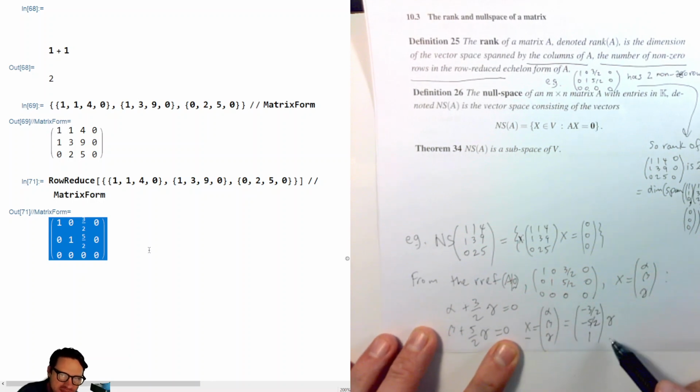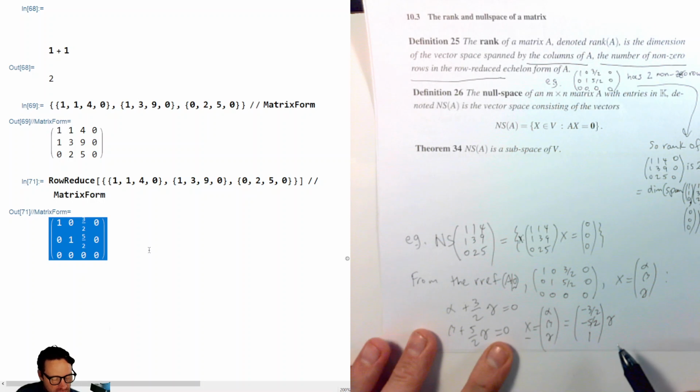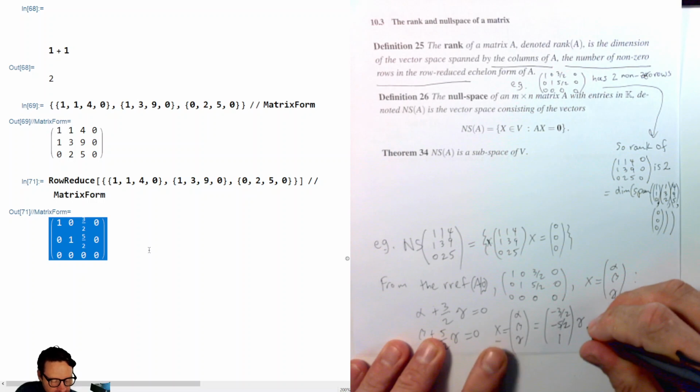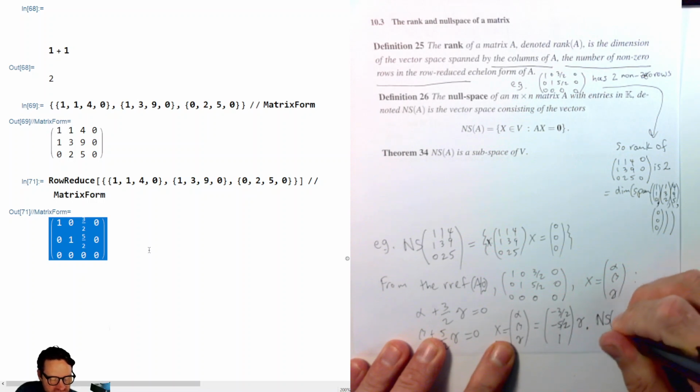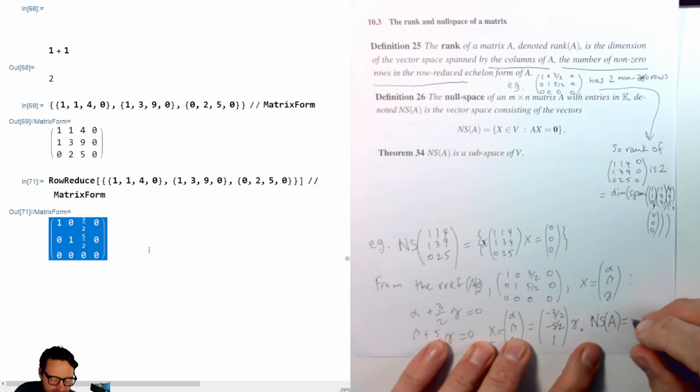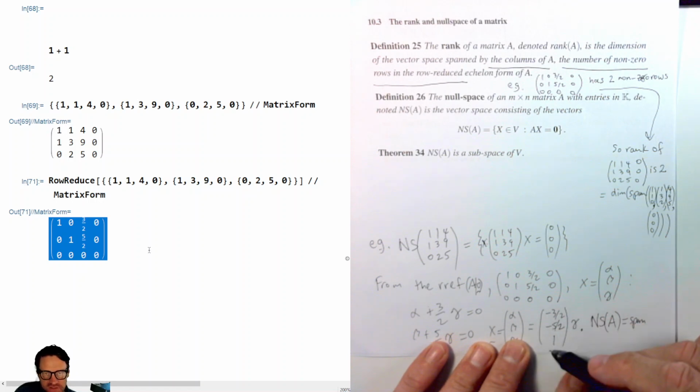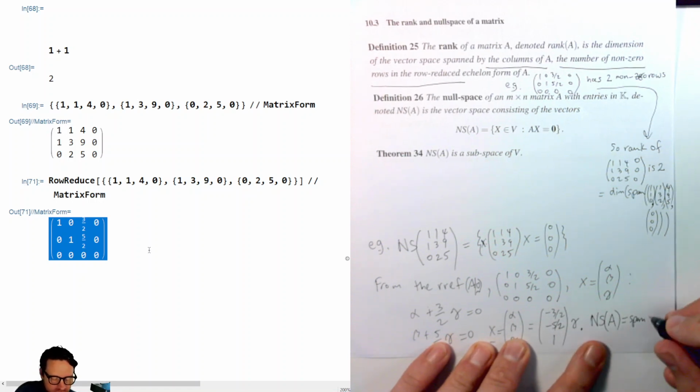Now we treat gamma as a parameter, and so the null space of the matrix A is spanned by some linear combination of this, but there's only one.